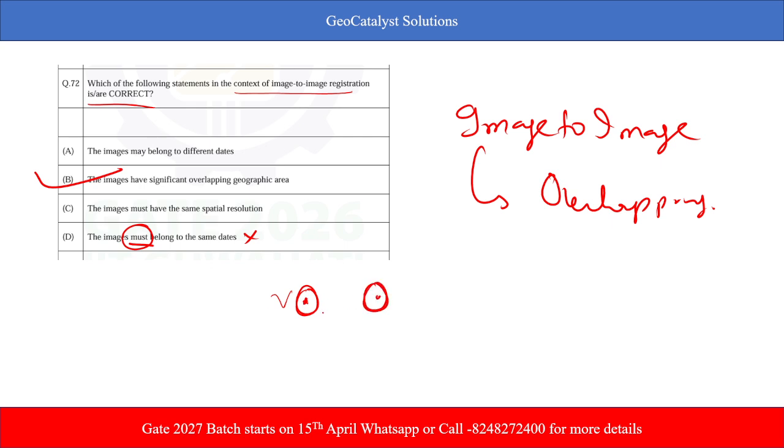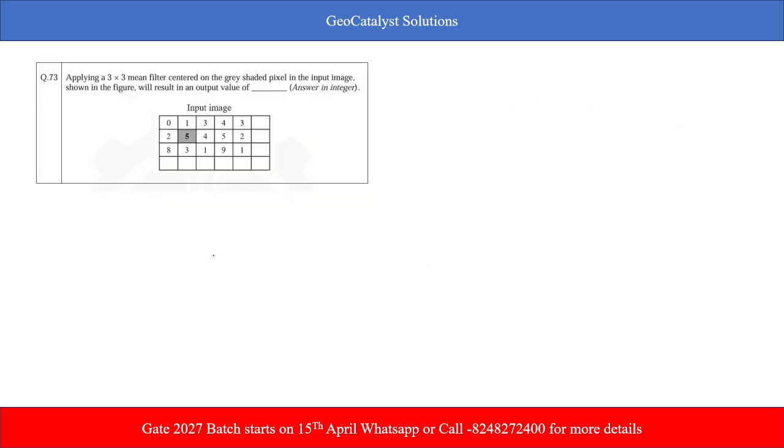Okay, that much only will be enough. So images may belong to different dates, and spatial resolution will not be required to be the same. Okay, so here the answer will be A comma B. Now we'll move to question number 73.